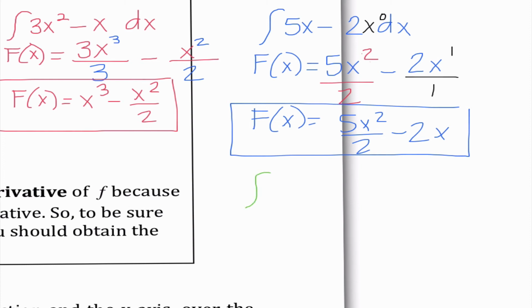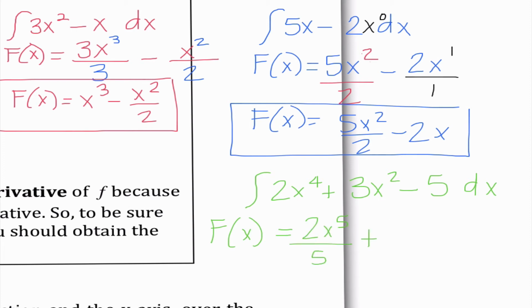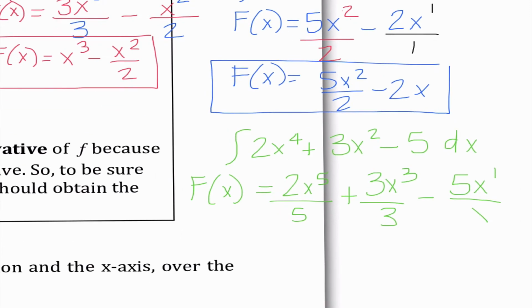Let's do one more. Let's say I had 2x to the 4th plus 3x squared minus 5 dx. So f of x would become 2x to the 5th divided by 5 plus 3x cubed divided by 3 minus 5x to the 1st divided by 1.